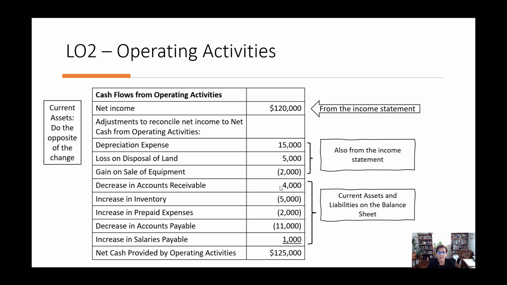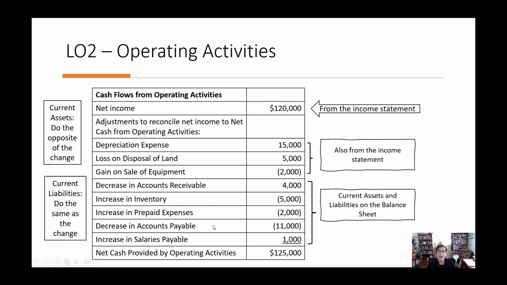We're doing the opposite. Why? Because if accounts receivable went down, that means you got more money, right? You collected more money from your customers. So that works for all of these. So inventory went up, we subtract it. Prepaid expenses went up, we subtract that. Now, current liabilities are different. We do the same as the change.